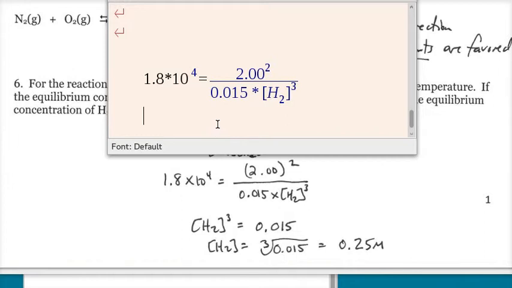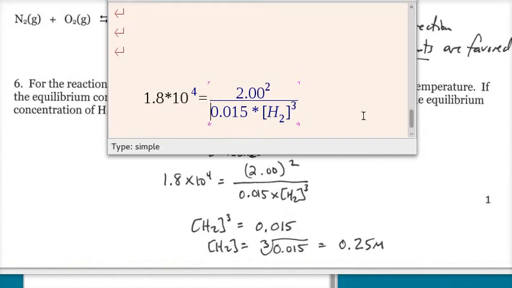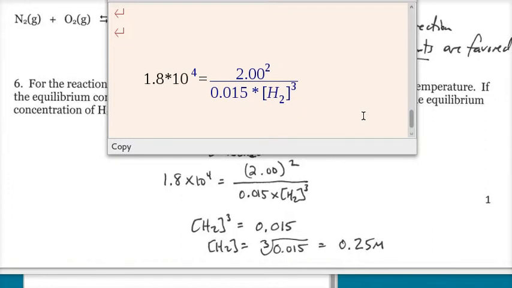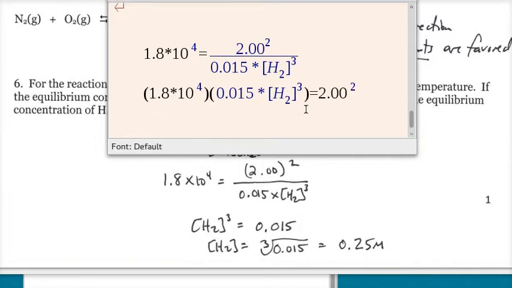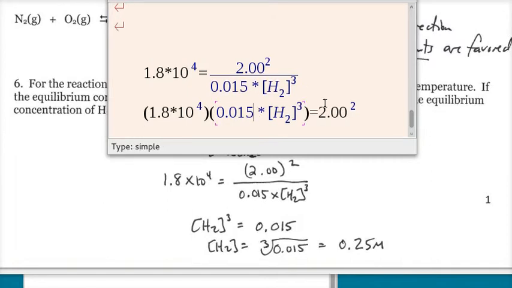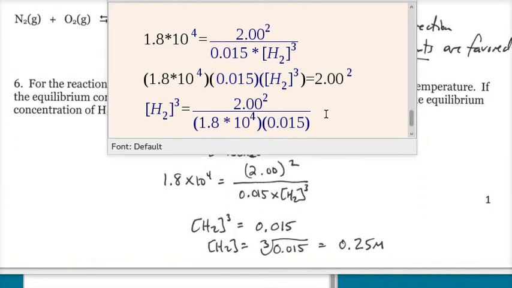So you can cross multiply if that's the way you think. So you end up with that, and then, since this is all multiplication, I'm just going to rewrite the parentheses a little differently. And then divide all that stuff to the other side.